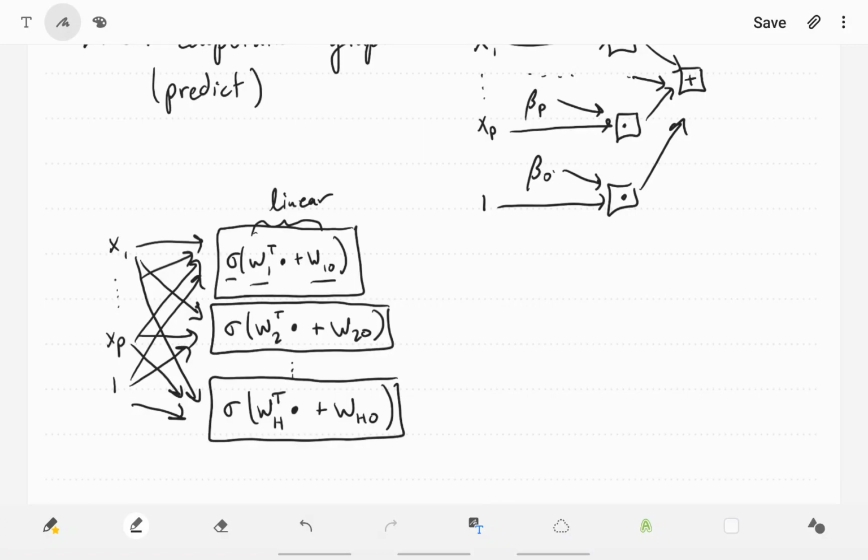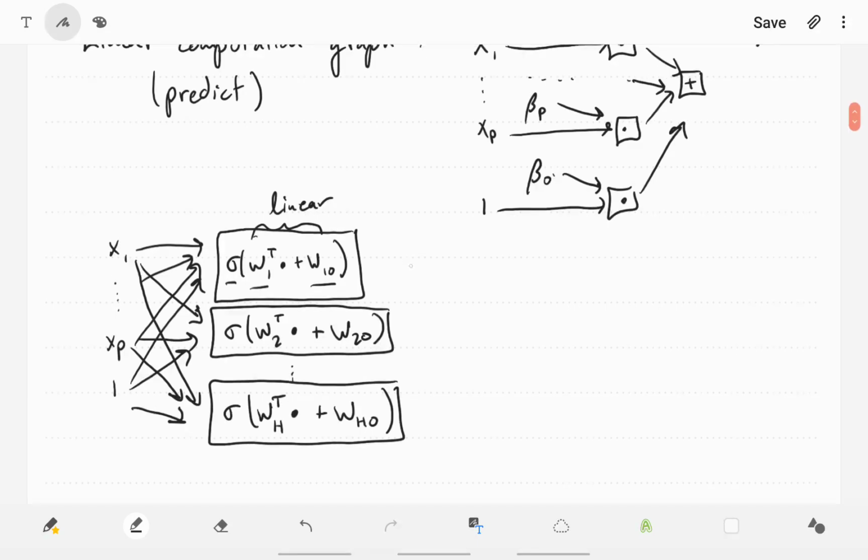Then, now that we have these possibly nonlinear functions of the input, we're going to use them as a further linear function.